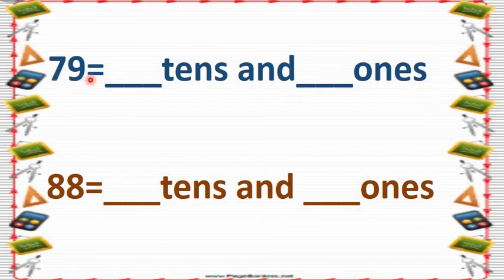At the place of tens. 7 tens. Now which number is remaining? Number 9. So where should we write it? We should write it in the place of ones. 9 ones. 79 is equal to 7 tens and 9 ones.